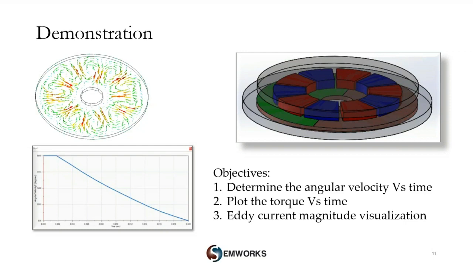Next, we will look at what kind of opposing torque is being produced to bring about this drop in the speed of the rotating disk.